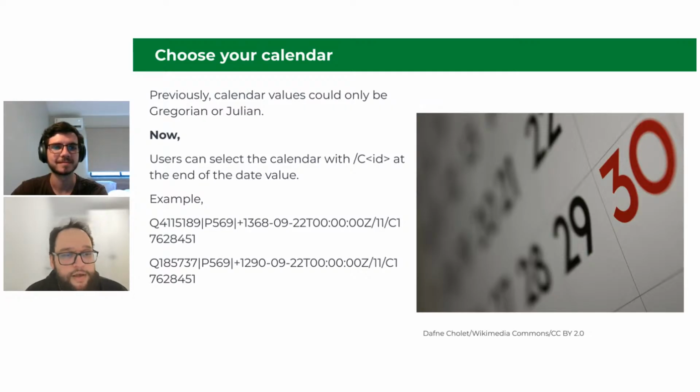We can say these are the actual Q IDs for them, and their actual dates of birth according to the calendar of the Shire. So that's the ID of the item for the calendar of the Shire on Wikidata.